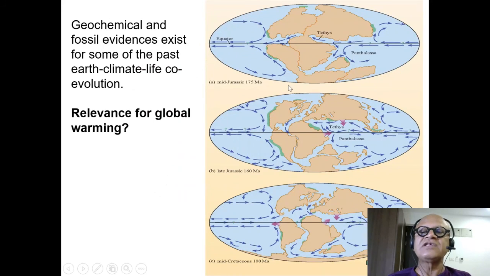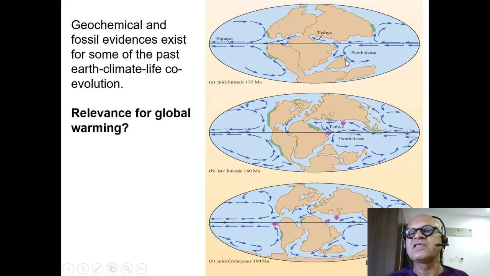So just to quickly say, look at these different configurations of continents, and models can be run. In the numerical models, you can move the continents as you want and recreate the ocean configurations, and you give it the top of the atmospheric energy, and the model will produce the atmospheric circulation, ocean circulation, rainfall, ITCZ, and so on.